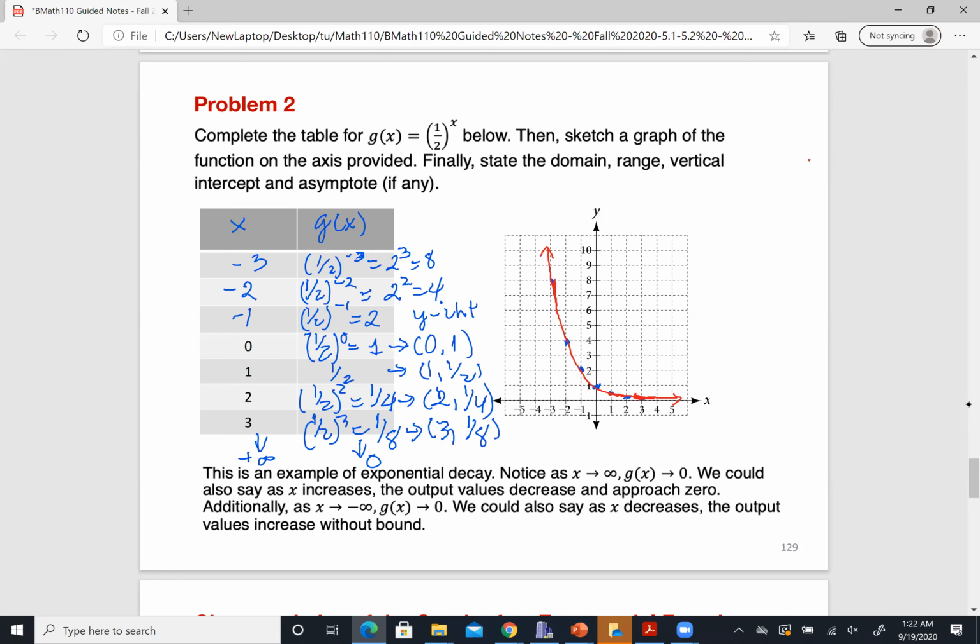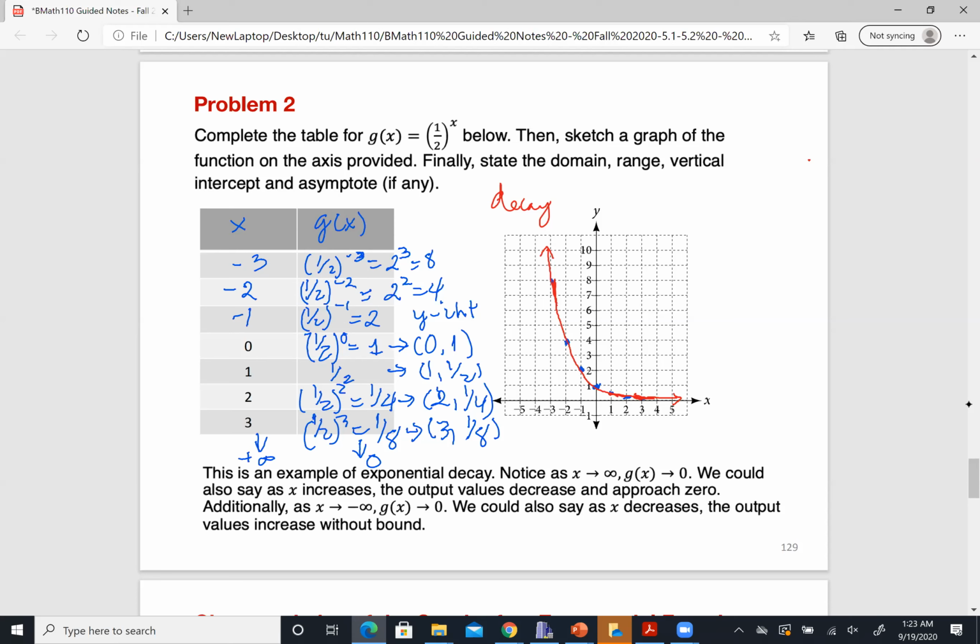So you can see that from the left to the right it is decreasing, and this is like a decay graph. So I'm going to say decay here, and so we're done with the sketch of the graph.